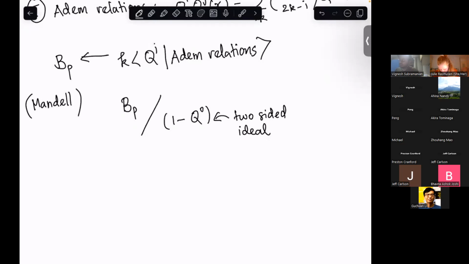So this is a theorem of Mandell that you can identify this with the Steenrod algebra. This is true for all primes p, but with this notation, this is for prime 2. For other primes p, you can quotient by 1 minus P0.